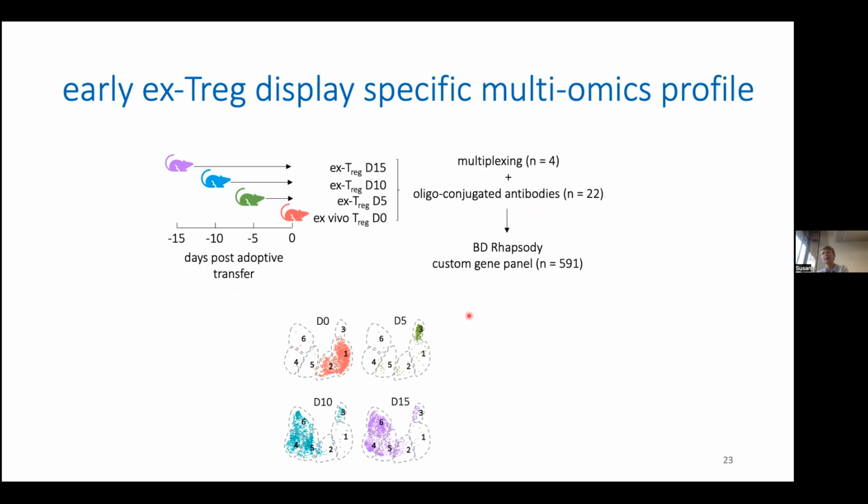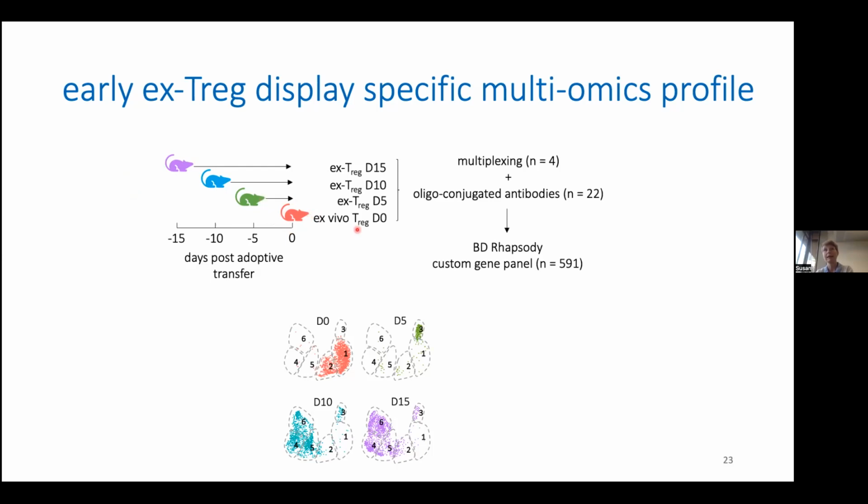So to look a little bit into the transcriptomic details that are happening during ex-Treg development, during the loss of Treg fate, we've performed single-cell RNA-seq, or single-cell multiomics, I should say, where we've compared 4 populations.